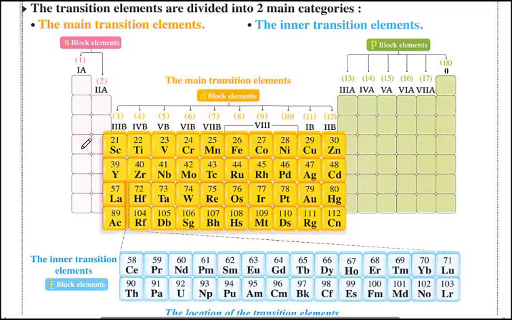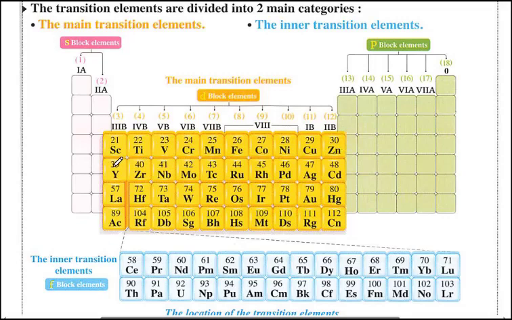We know that ns and (n-1)d is the electronic distribution in all these 4 series. n refers to the number of the period. So here in period number 4, the electronic configuration ends with 4s and 3d, ns and (n-1)d. It starts with scandium 21 and ends with zinc 30.